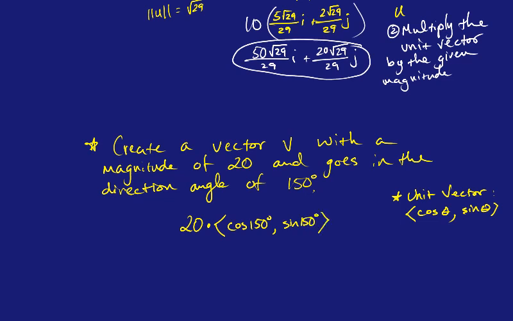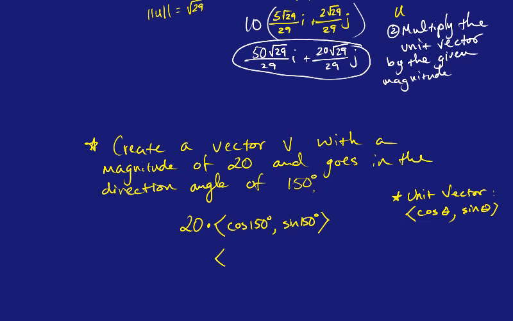The reason this works is because the unit vector has a magnitude of 1, so cosine 150, sine 150 creates a vector with a magnitude of 1, and then when you multiply by 20, it's a vector with a magnitude of 20 going at that angle. I've chosen 150 degrees so I don't have to use a calculator, but if it's an angle that isn't on the unit circle, just use your calculator and round to an appropriate decimal place.